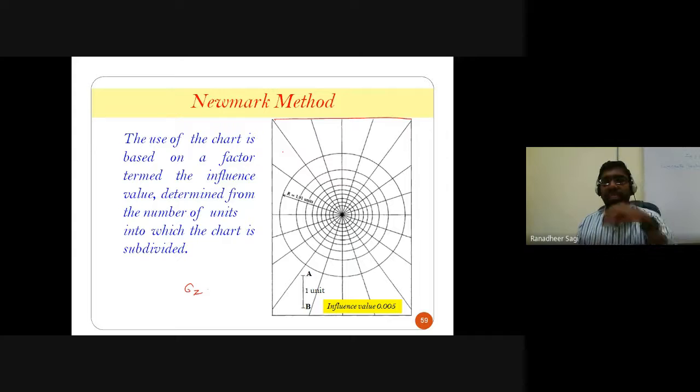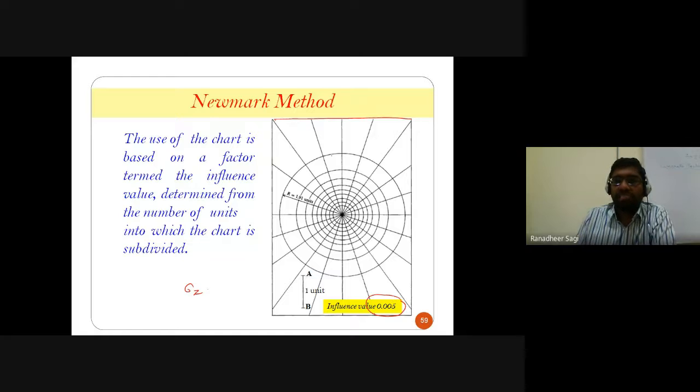Influence value is nothing but the value of each of those elements. So the area represented in the total chart is divided into how many elements, that's what I should be knowing. The most common Newmark chart will have an influence value of 0.005.